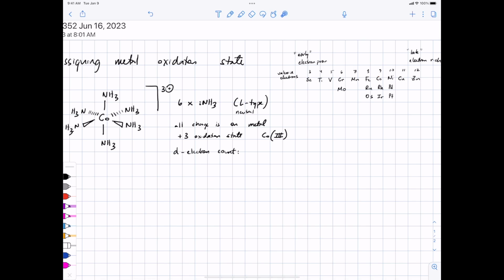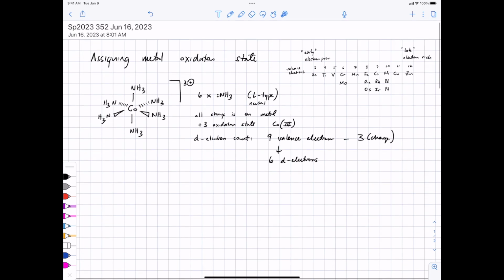So for cobalt, that's 9. 9 valence electrons, but we're going to minus 3, that's the charge. 3 electrons are missing, that's why it's +3. So we conclude there are 6 D electrons on the metal. That can be useful later on when predicting the spectroscopic properties of a metal.